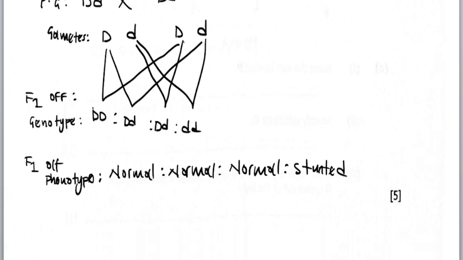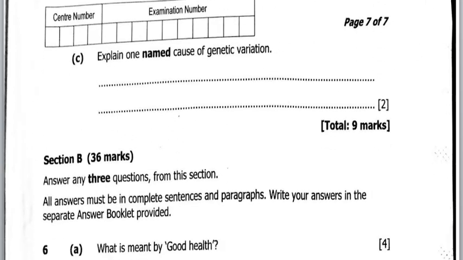All right, we proceed. We look at part C. Explain one named cause of genetic variation. So what causes genetic variation? One of the causes of genetic variation is genetic factors such as mutation. Mutation is where the number of chromosomes or the structure of a gene suddenly changes.